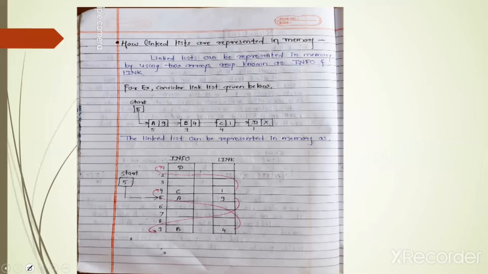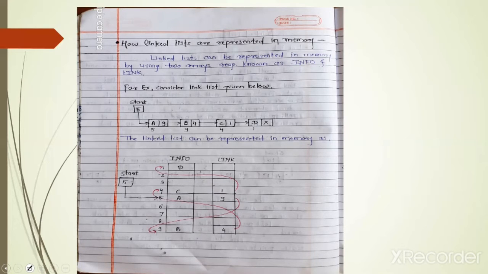Info and link contain the information of the element and the next node address respectively. The list also requires a variable name or start, which contains the address of the first node. Pointer field of the last node is denoted by null, we know that, which indicates the end of the list.